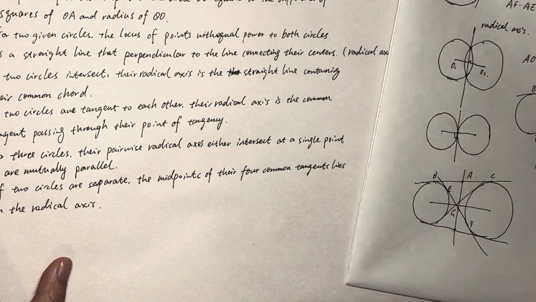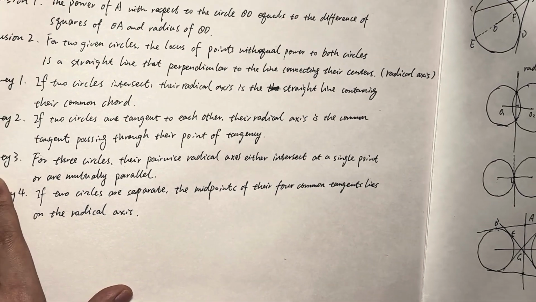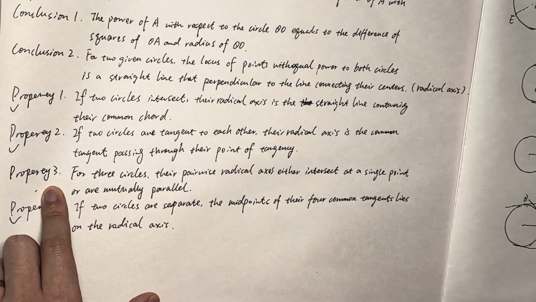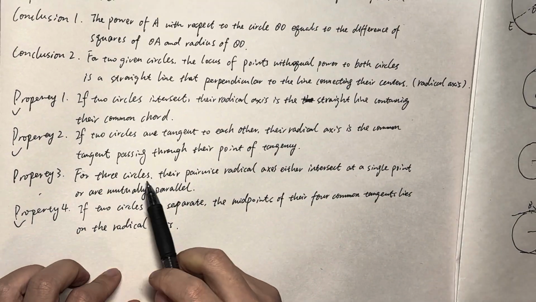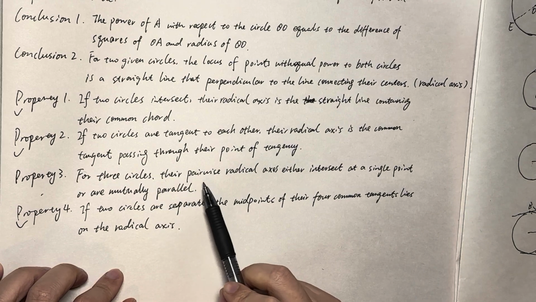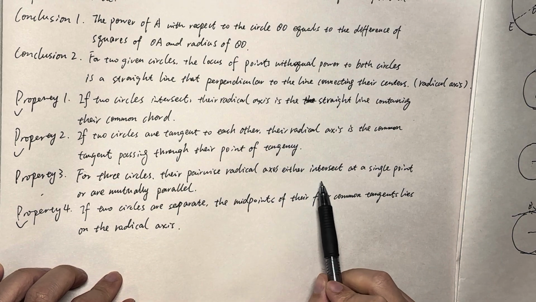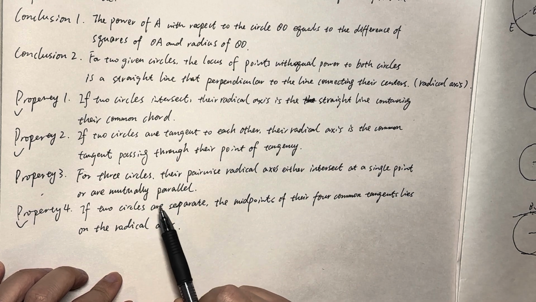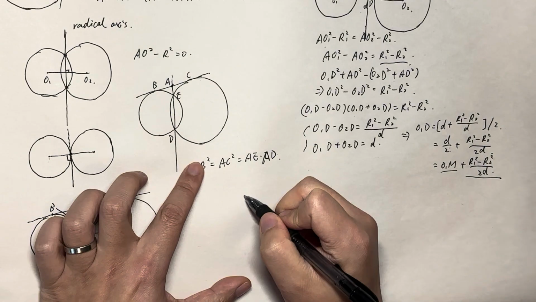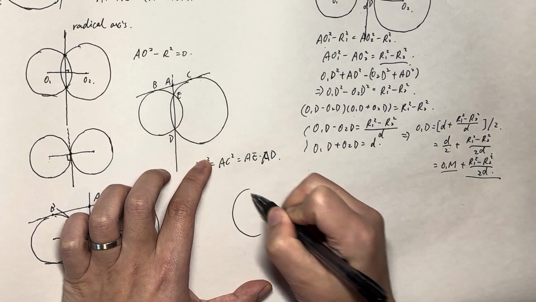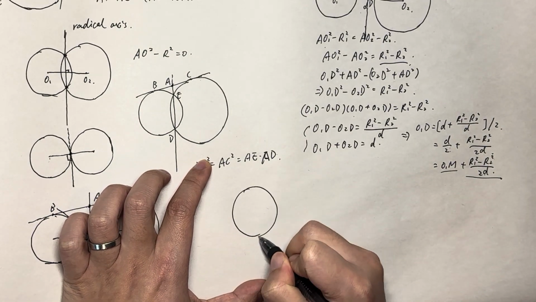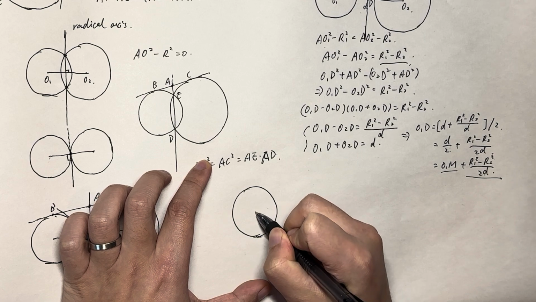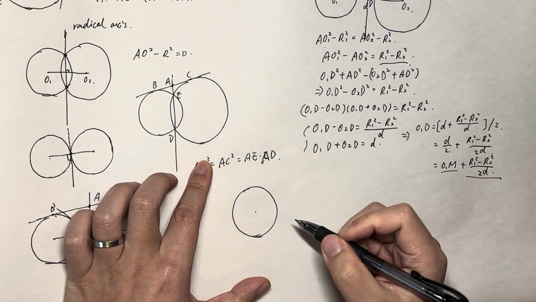So let's see property 3. Property 3 is saying that for 3 circles, their pairwise radical axes either intersect at a single point or are mutually parallel. So we think about the first case, where the 3 centers are not on the same line.